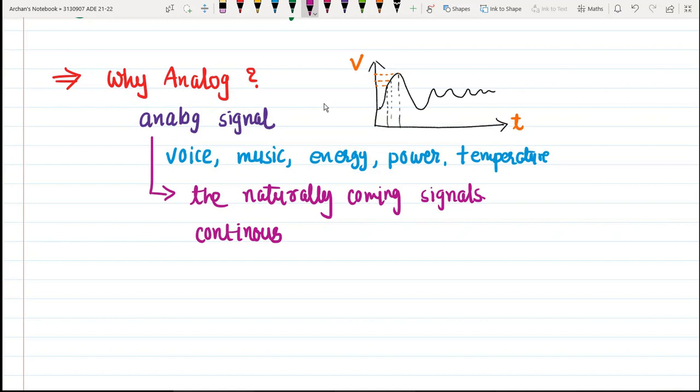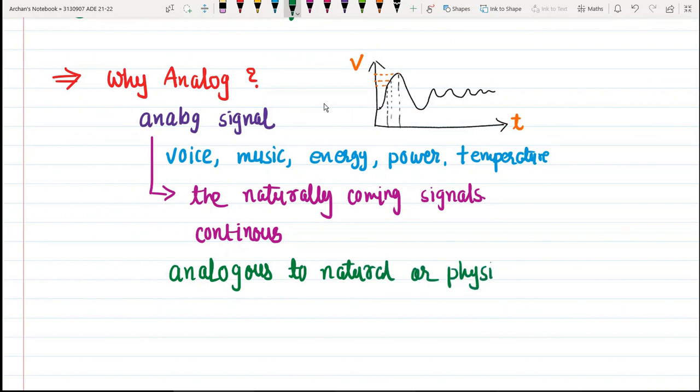And these analog signals are analogous to natural or physical signals, right? So this is all about the analog signal which we are available with.